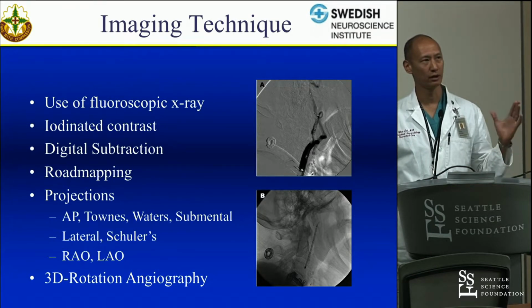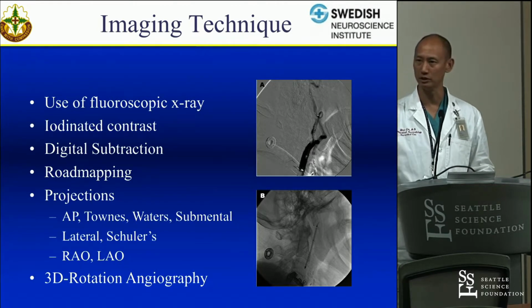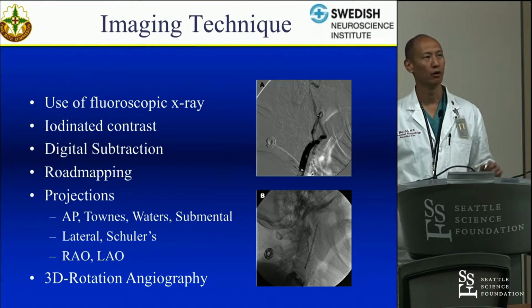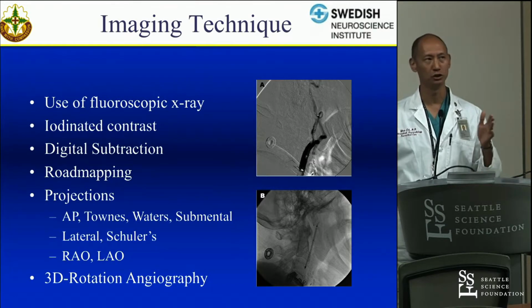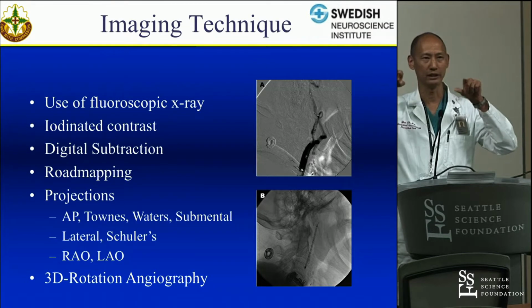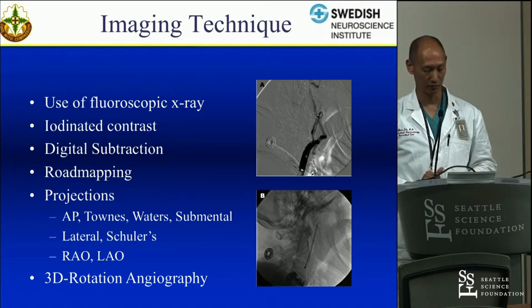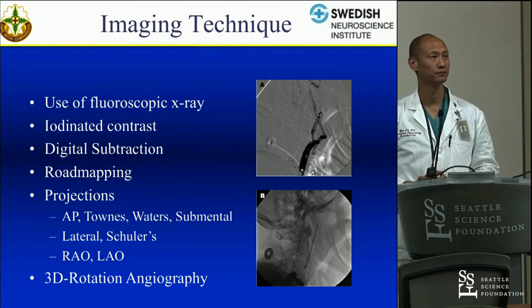With a straight lateral, you'll try to center the isocenter, the region of interest, in the middle of your field. If vessels are superimposed, the Schuller's view is useful. So you're shooting this way, for instance, to get the PCAs off each other and see which PCA you want to focus on.